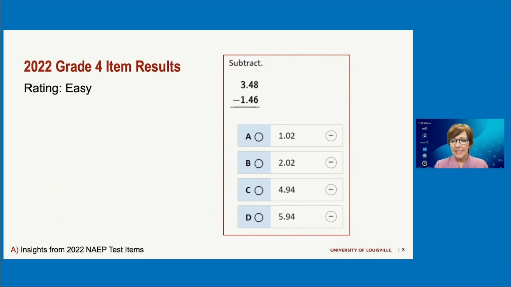I want you to look at this item and ask yourself, what amount of reasoning or number relations are necessary, and what number relations and reasoning are optimal for solving a problem like this?